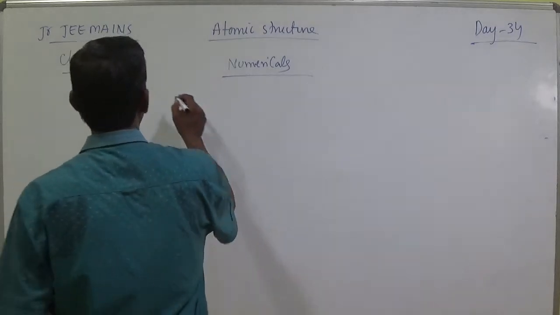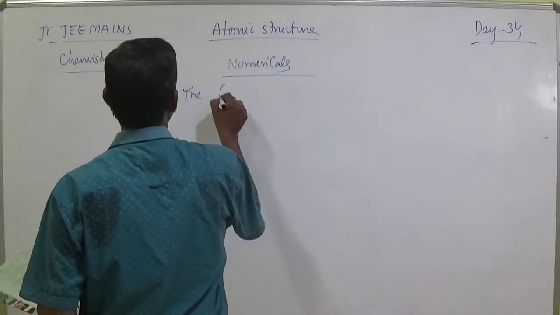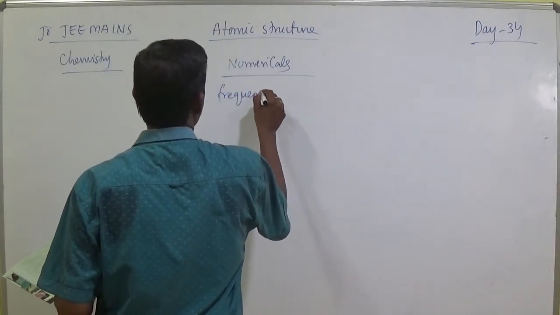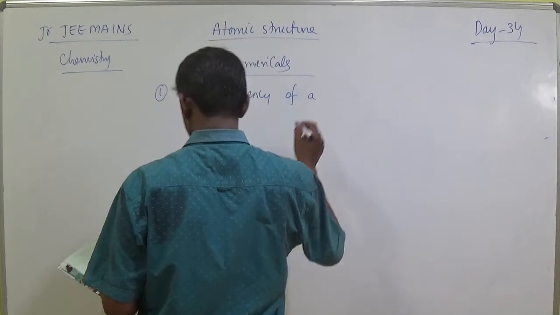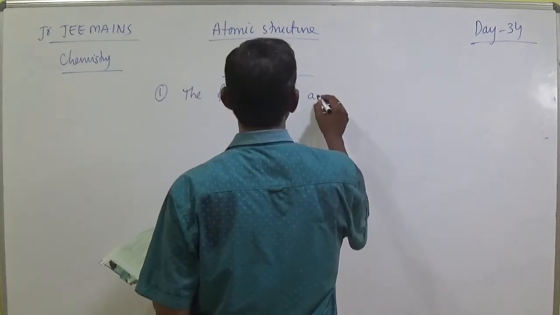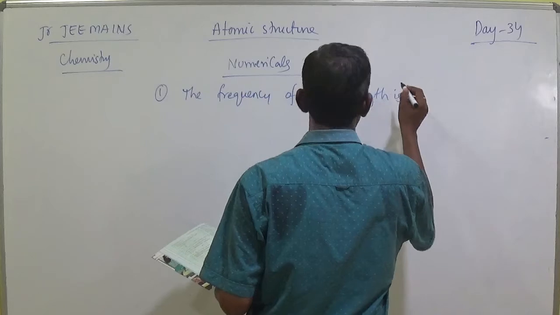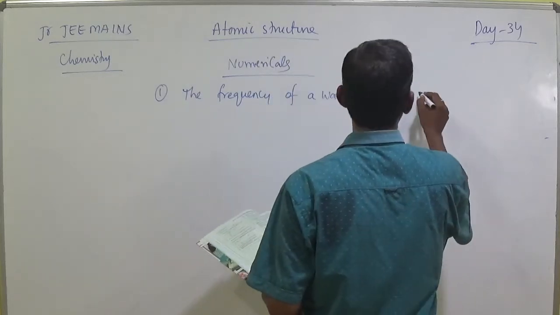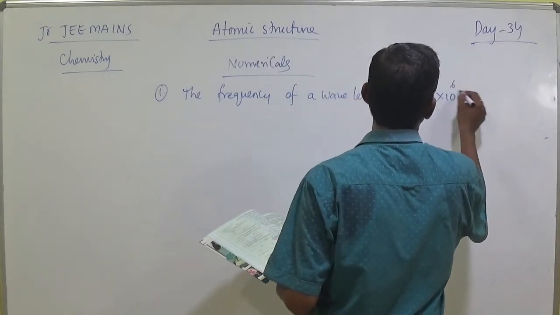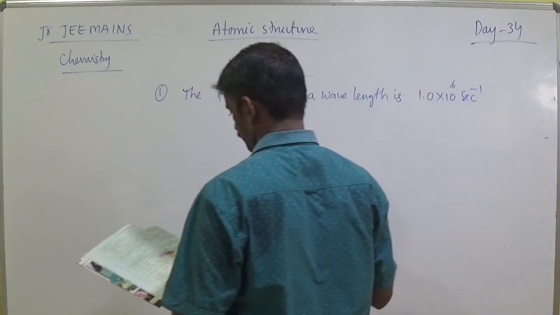The frequency of a wave is 1 into 10 to the power of 6 second inverse.